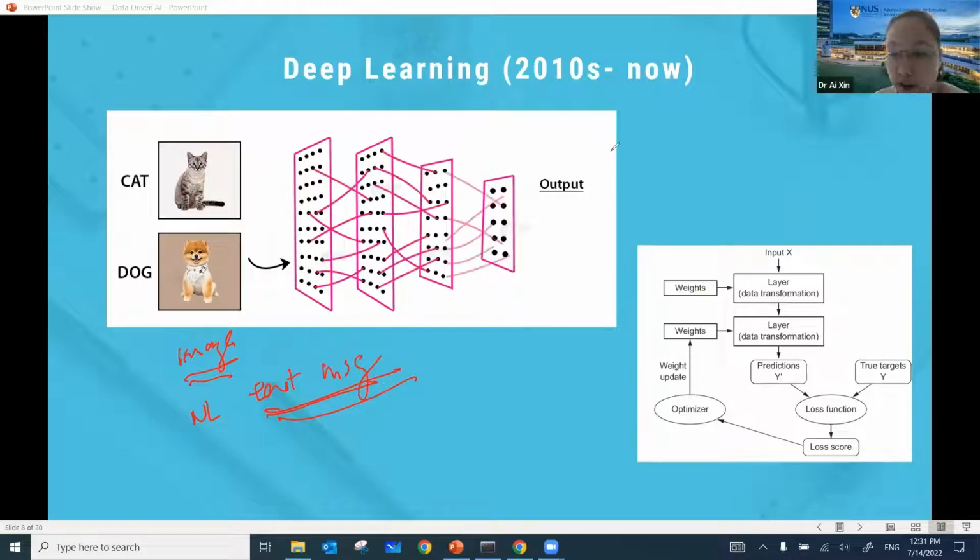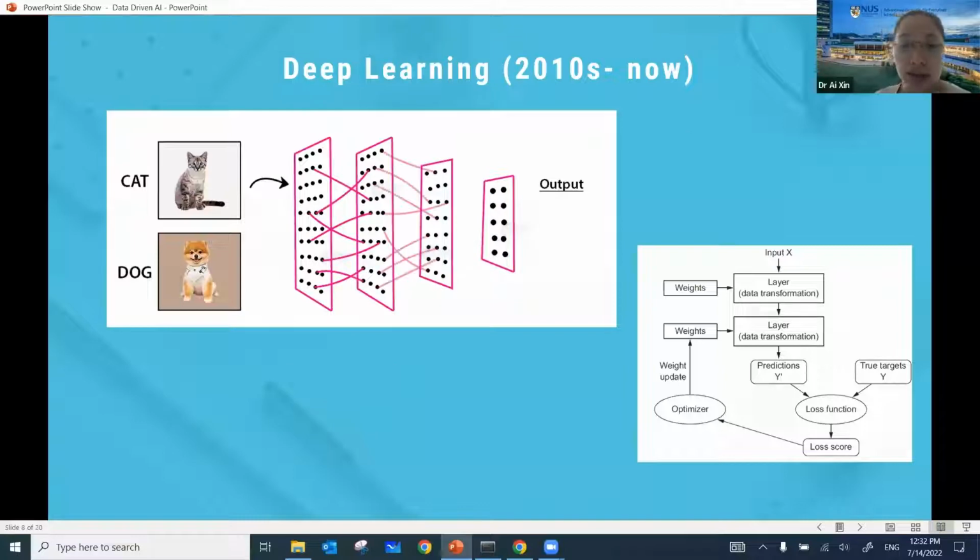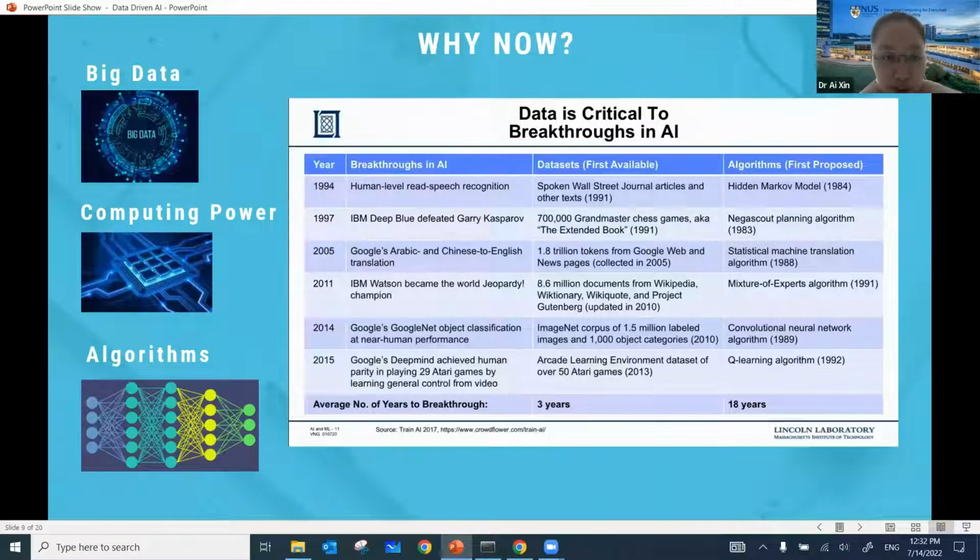Your company has a lot of tables, spreadsheet data, etc. But in our real life, most of the time we are dealing with images, text messages, etc. So now deep learning models can deal with images and text messages very well. So we can clearly feel the AI revolution in our daily life nowadays. Okay, so that's the deep learning technology.